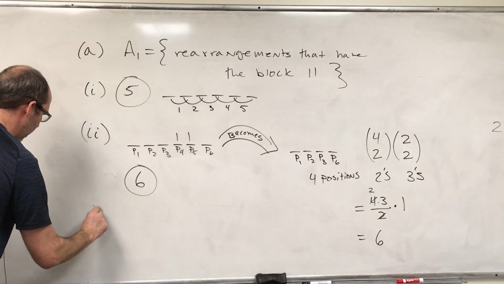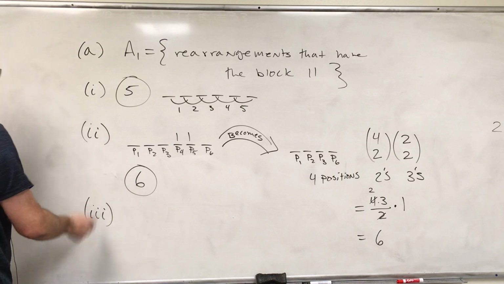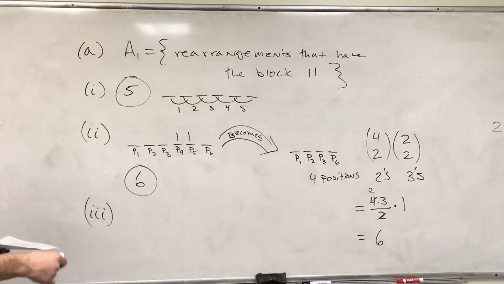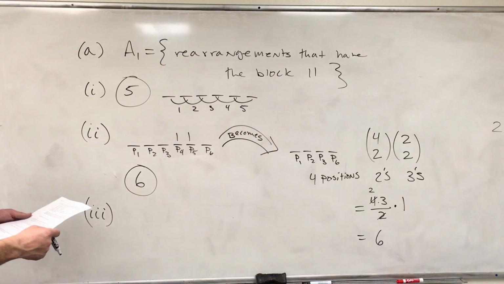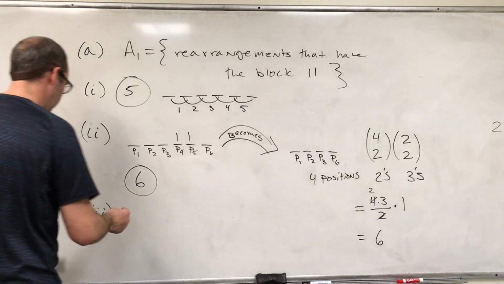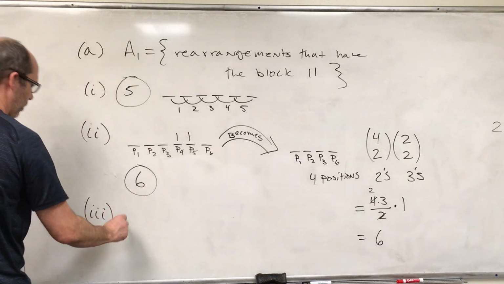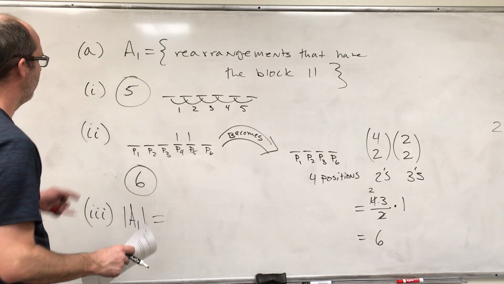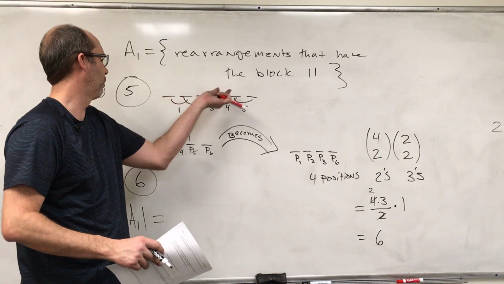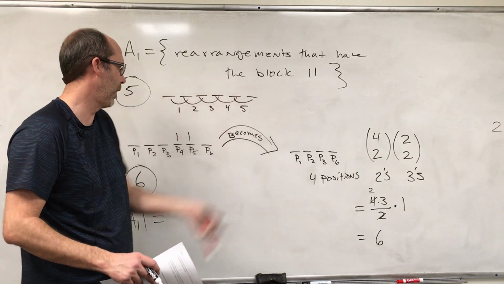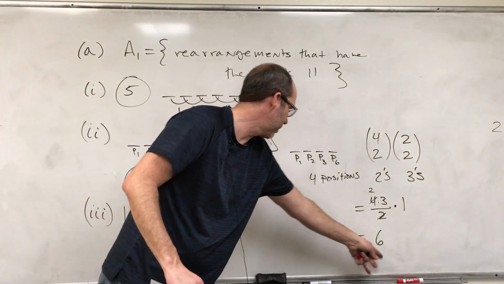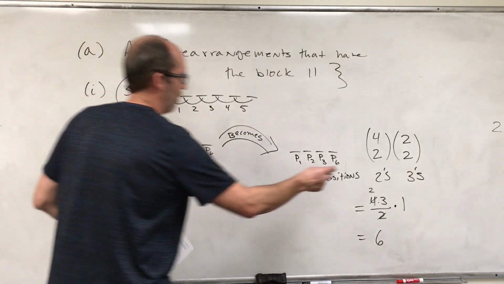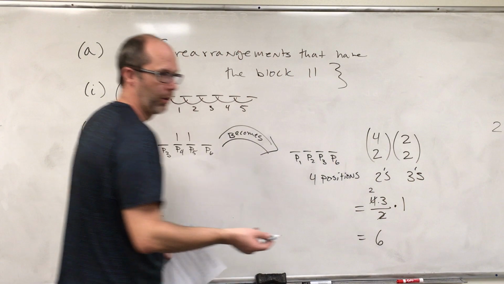So for subpart 3 of part A, now we multiply them together. There are 30 different ways this will work out. The cardinality of A1: there are 5 different ways you could put the block, and for each of those 5 ways, there are 6 different ways you could rearrange the 2 2s and the 2 3s.